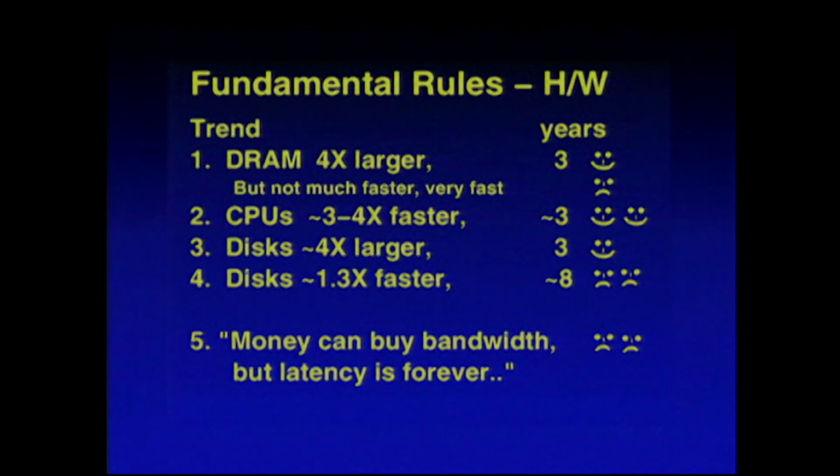Now, disk technology used to get about 2x better about every 3 years. But in the last few years, since around 1988 or 89, it's improved to follow the same trend as DRAM chips. That is, it increases in size about 4x every 3 years. What's truly odd about this is that still no one has too much disk space. And we'll come back to that later because that's a real issue.